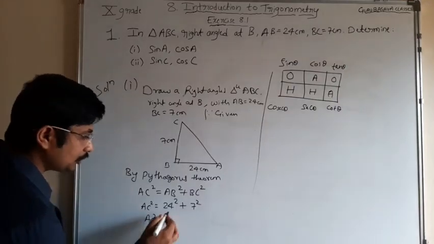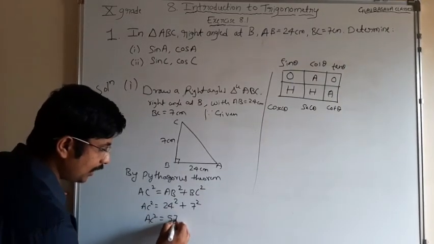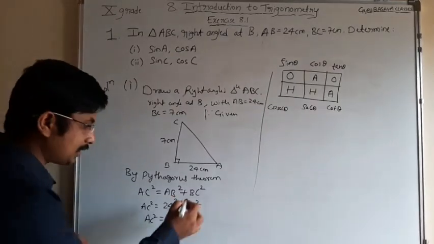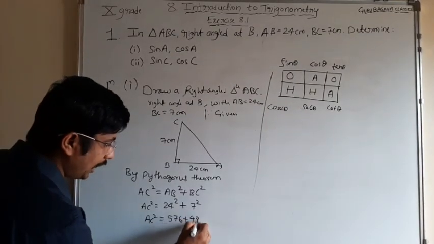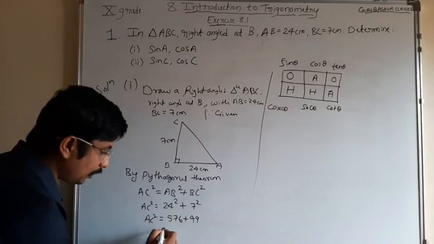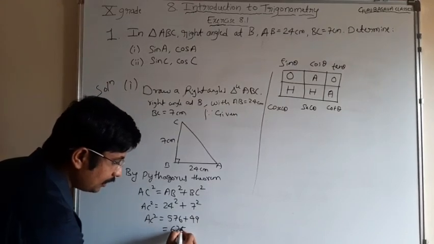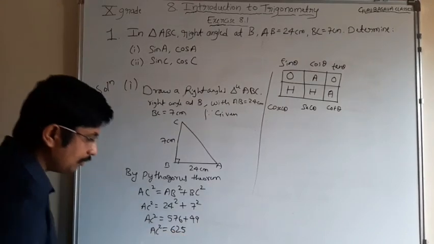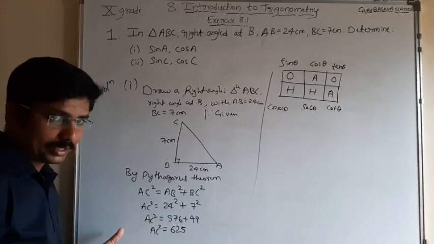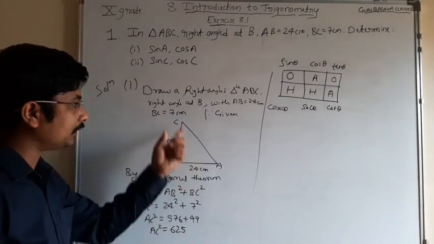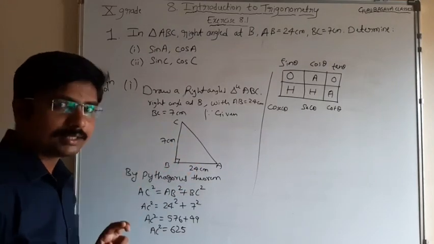AC square is equal to 576 plus 49, which is 625. But here it is AC square, and we have to find AC.